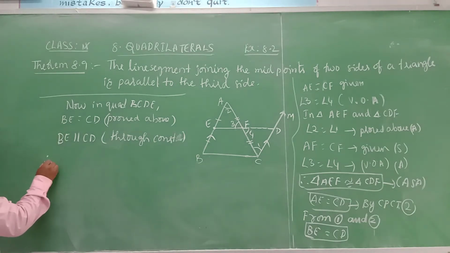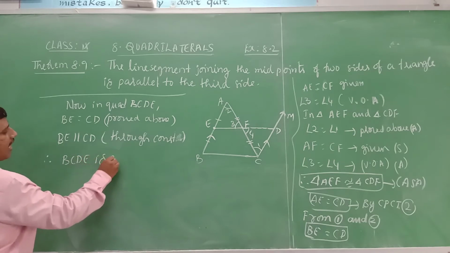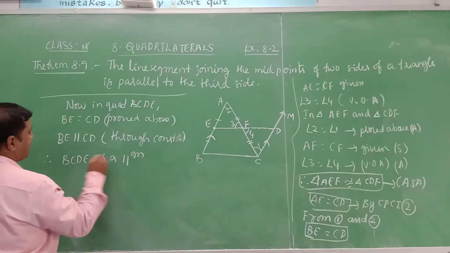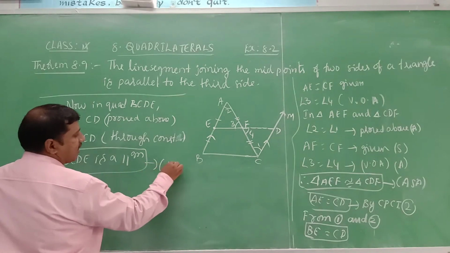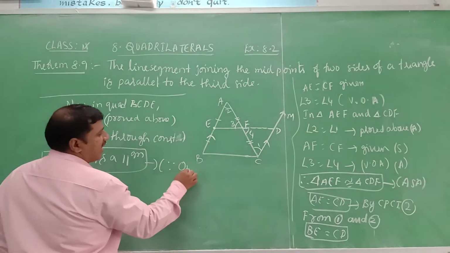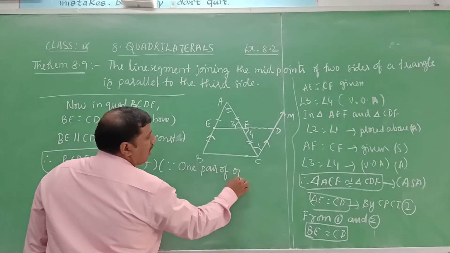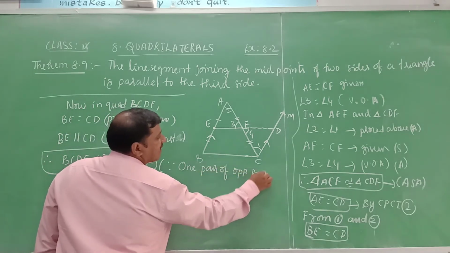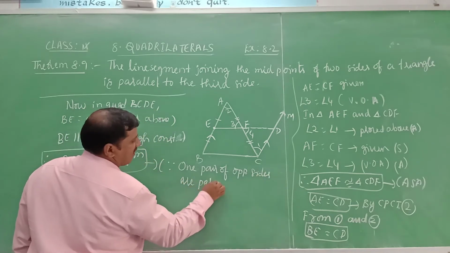Therefore, BCDE is a parallelogram, since one pair of opposite sides are parallel and equal.